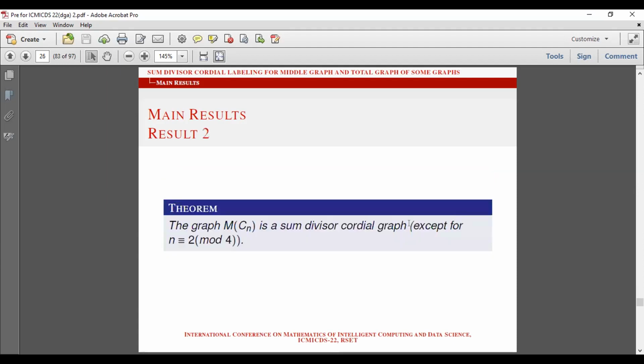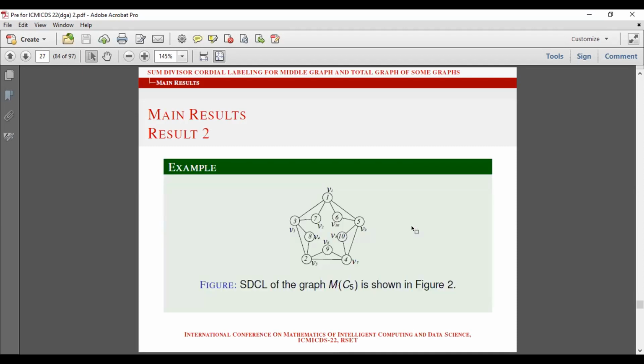Second result: the middle graph of cycle is a sum divisor cordial graph, except for n congruent to 2 mod 4. This is the example of the middle graph of a cycle having vertices V2, V4, V6, V8, and V10, which are the vertices of the main cycle, and V1, V3, V7, V9, which are the newly added vertices.